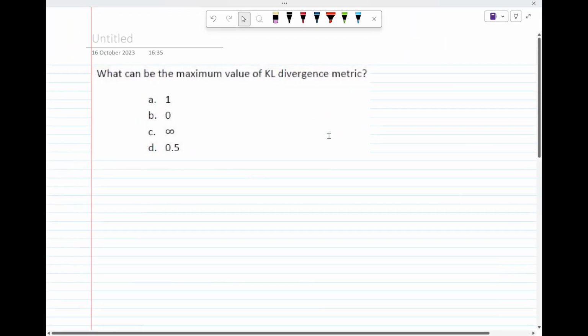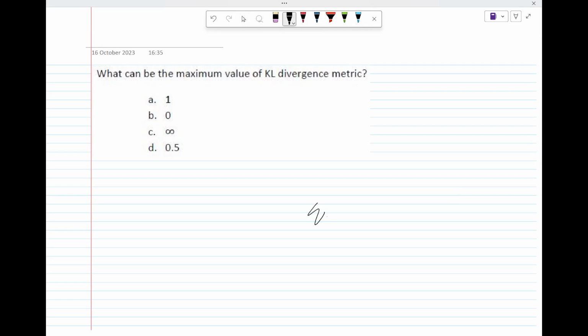What can be the minimum value of KL divergence metric? So what you had was summation, KL QP is Q x log Qx by Px. So what is the minimum value that this can have?